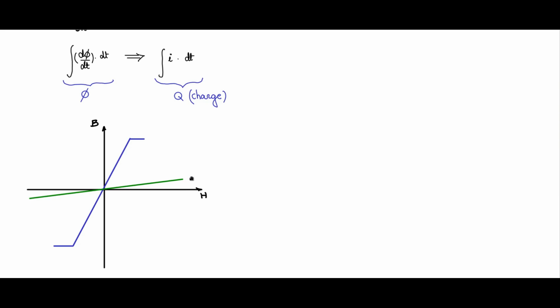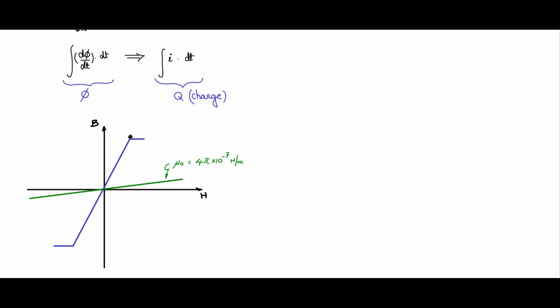Now this is the character of free space and it has a value mu naught, the permeability of free space. And it's a constant. It is 4 pi into 10 to the power of minus 7. It has units Henry per meter. This is a universal constant, the permeability of free space.